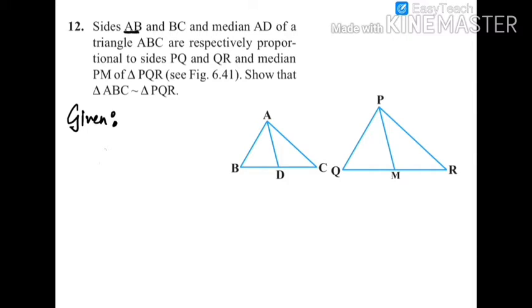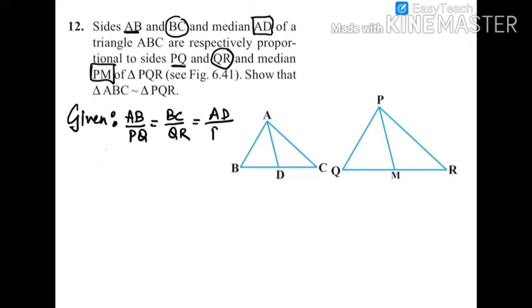AB corresponds to PQ, BC corresponds to QR and median AD corresponds to median PM, and these are proportional. It means that AB upon PQ is equal to BC upon QR is equal to AD upon PM. This is given in the question. We have to prove triangle ABC is similar to triangle PQR.